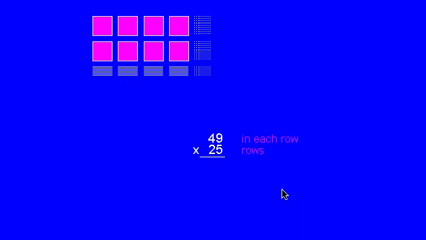So starting from the right, 5 rows of 9 each, which are going to be those, gives us 45. So a 5, and the 40 we save as groups of 10. So that accounts for those. Then we have 5 rows of 40 each.